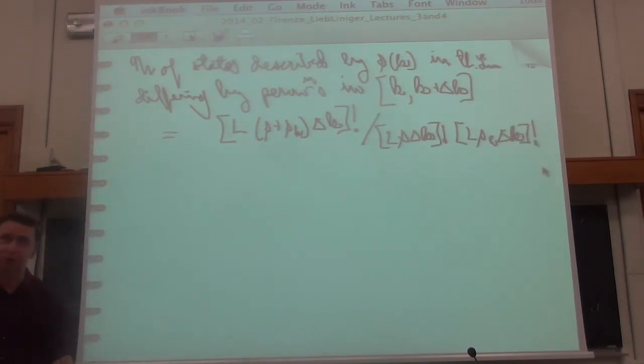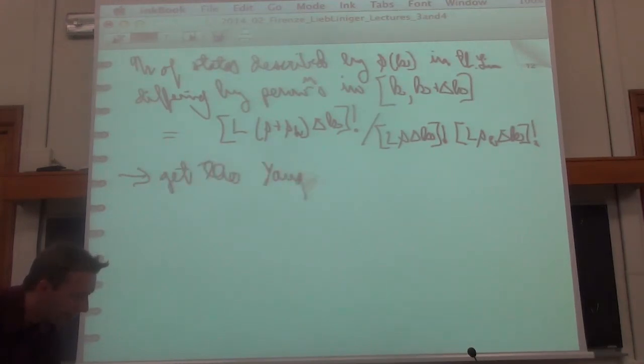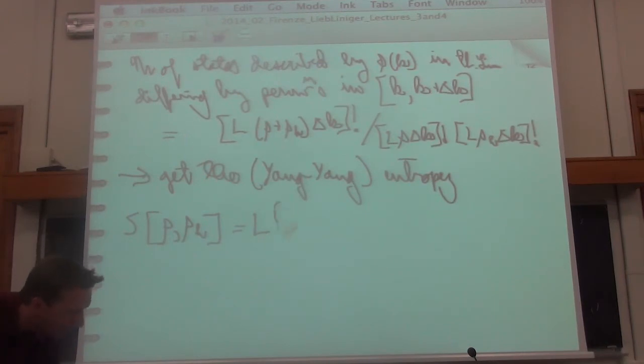So then you do the standard trick. You invoke Stirling's approximation. Log of n factorial is n log n minus n. And you forget about the root 2 pi n that comes afterwards. You don't need it for this. So you can obtain the Yang-Yang entropy, which is S given the configuration rho and rho hole, is equal to an extensive quantity, integral from minus infinity to infinity dk.